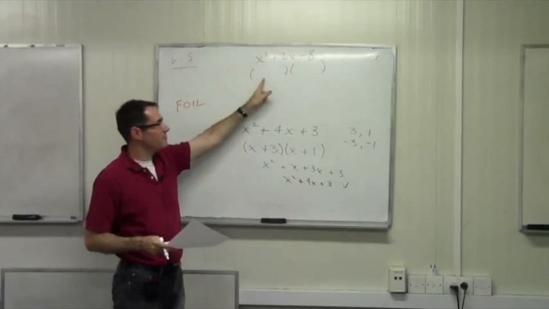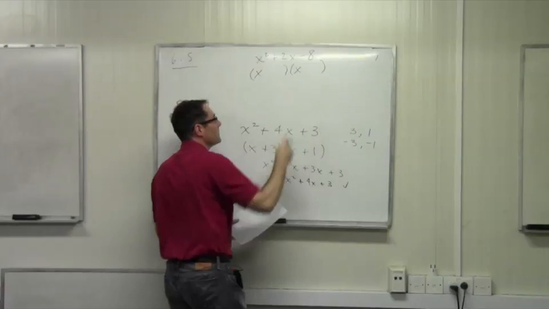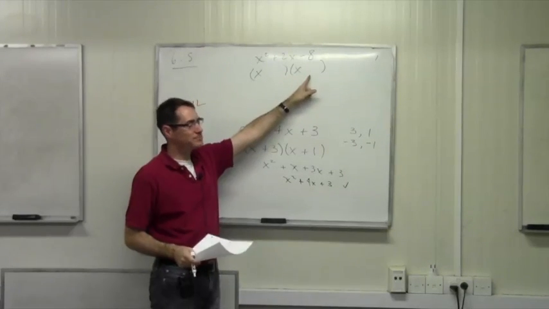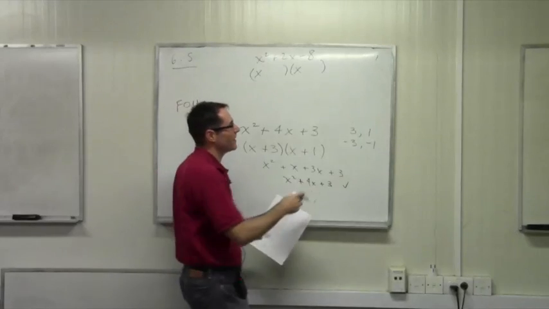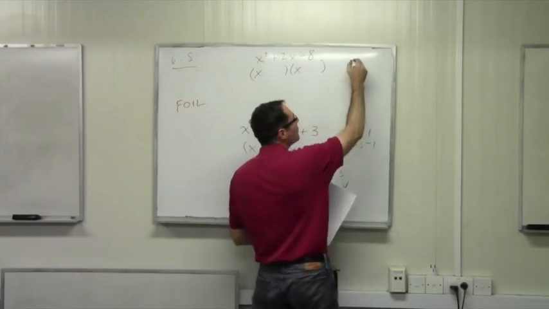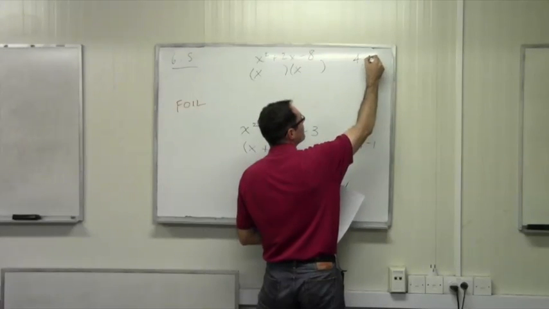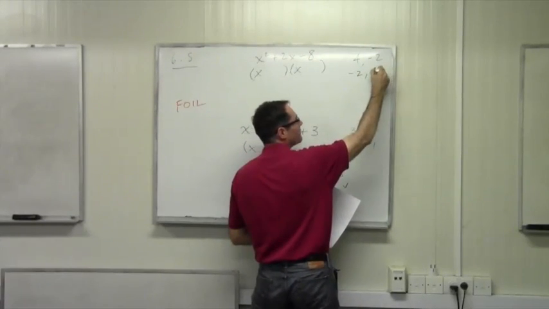What do the first terms have to be? x. The last two terms have to multiply together to make what? -8. Let's write down all the factors of -8. 4 and -2, -2 and 4.